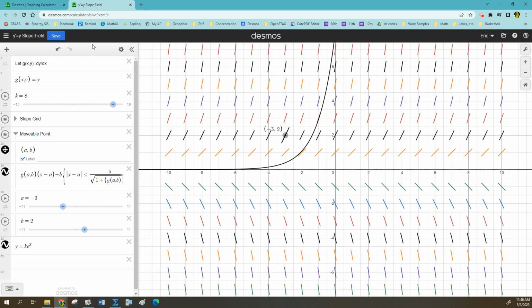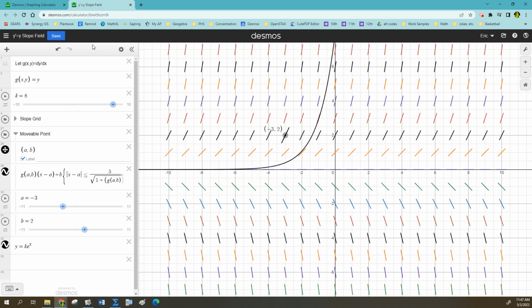No, well, you're right. The slope doesn't change, but the trajectory does, right? Because this represents an infinite number of different trajectories. It's a family of curves. We want to pick the one that goes through our initial condition, right? Like that's not the one that goes through 0, 2, right?